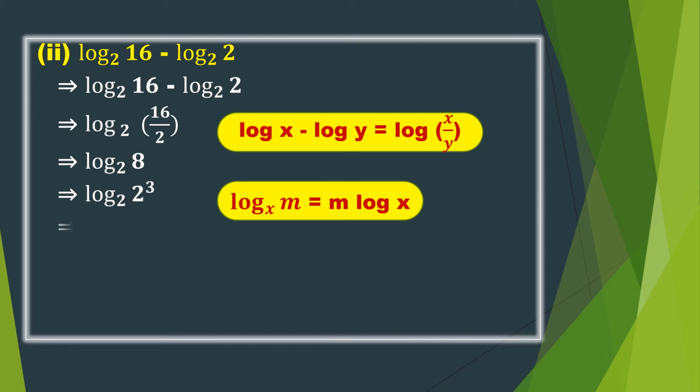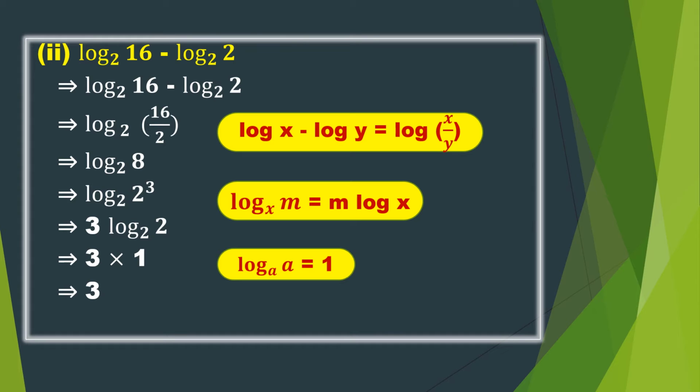So you will get 3 log 2 base 2. Whenever the base and the power are same, you can use the formula log a base a equal to 1. So 3 into 1, it gives 3 as your answer. So log 16 base 2 minus log 2 base 2 equal to 3. So learn the properties perfectly so that you can easily apply to the problem.